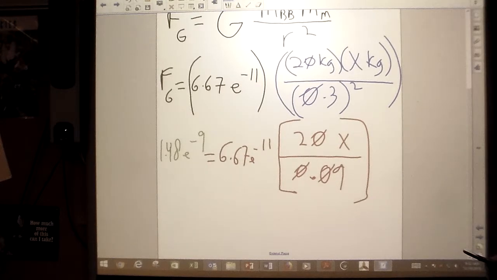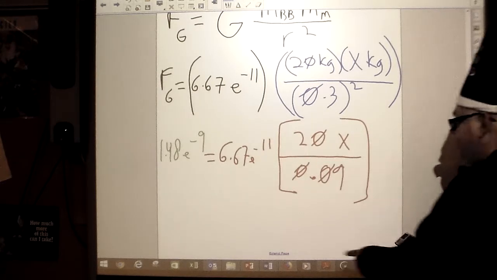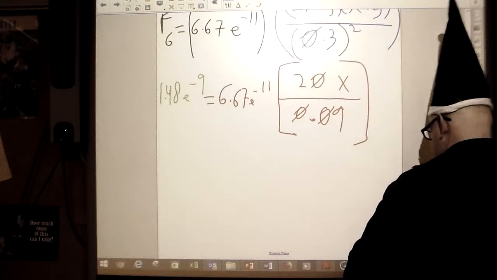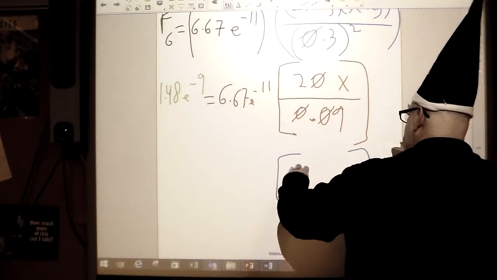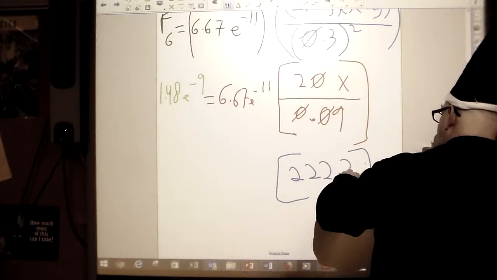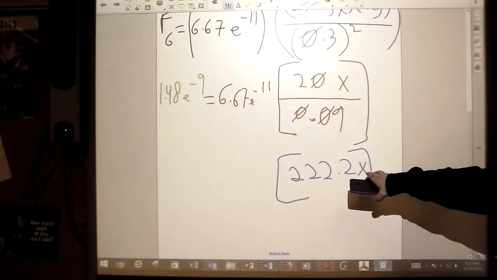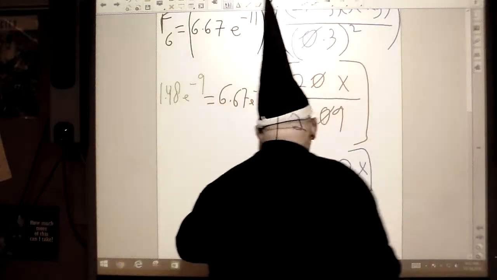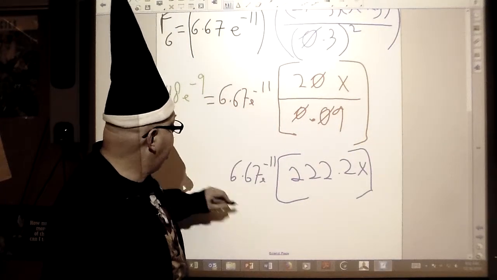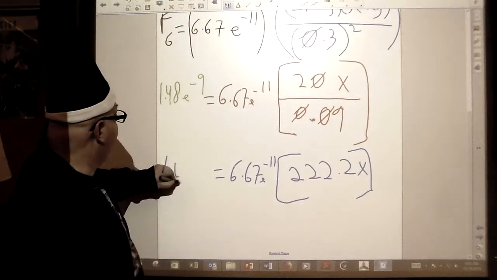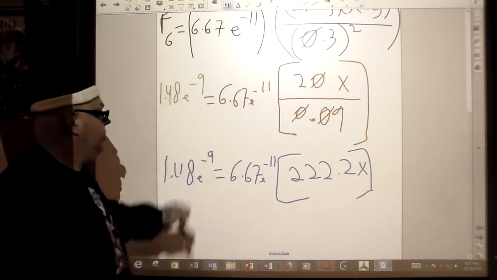So 20 divided by 0.09, and we walk away inside here with 222.2 times x, because that's our kilograms for our marble, multiplied by 6.67 e to the minus 11 is equal to 1.48 e to the minus 9th.